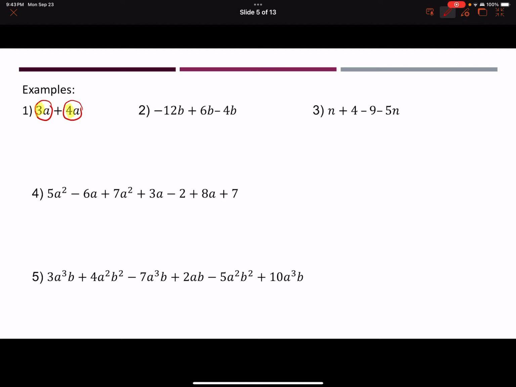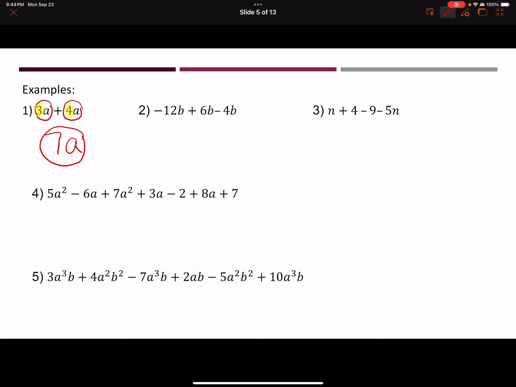That's that 3 and 4. So you're literally just going to add 3 plus 4. We get 7, right? And remember I told you the part that gets easily mistaken that you need to underline or highlight is that the variable and the exponent stays the same. So it was both terms that were a, just a, or in other words, a to the first power. So my answer is going to be 7a, or 7a to the first power. And then that's it.